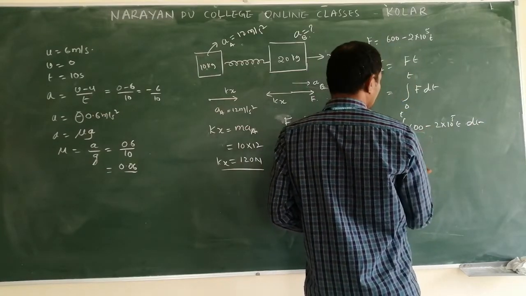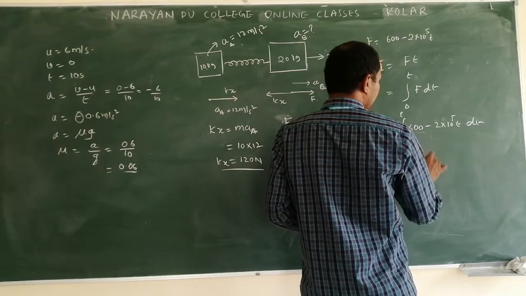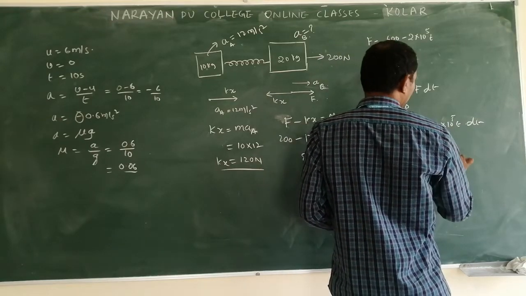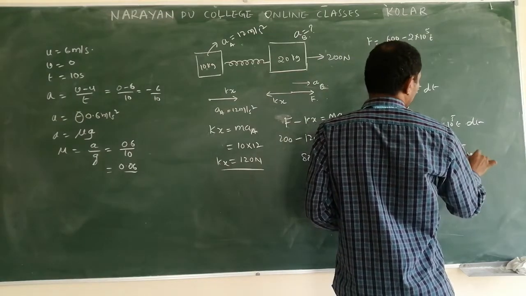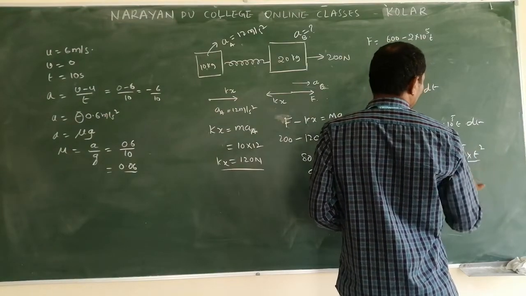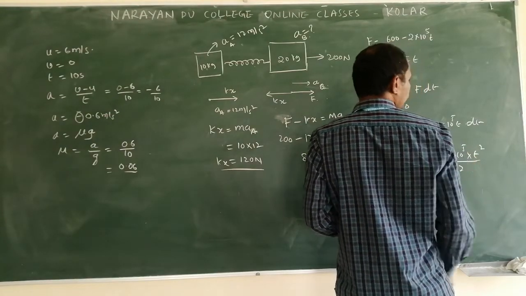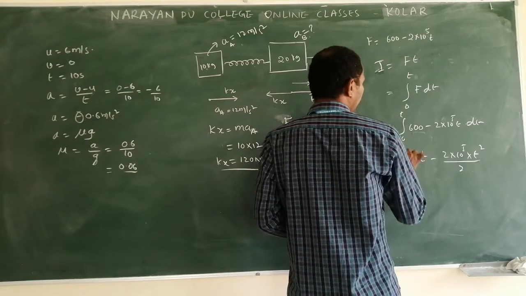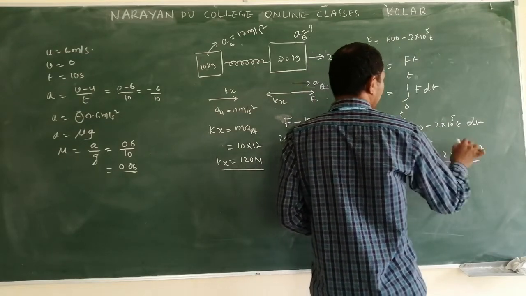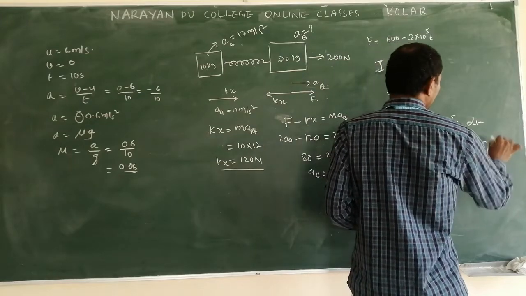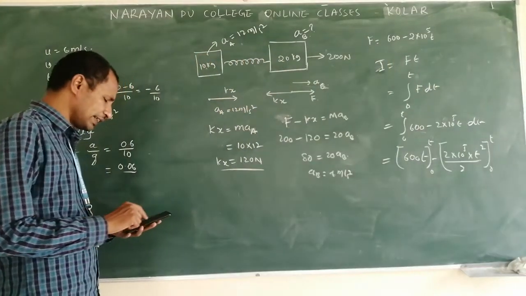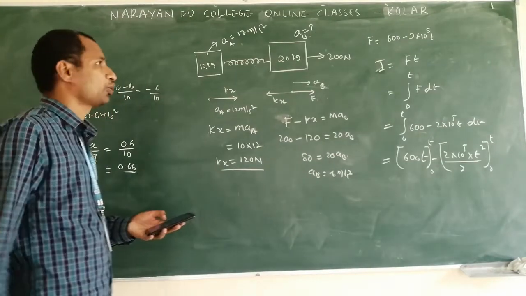Integration of 600 is 600t minus integration of t, 2 x 10^5, this is t squared by 2. Clear? So this is integration. We need to apply limits. What is the t we need to find? To find the t, what did they give? Force is 0.